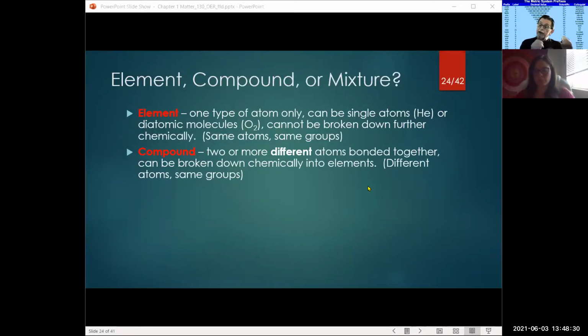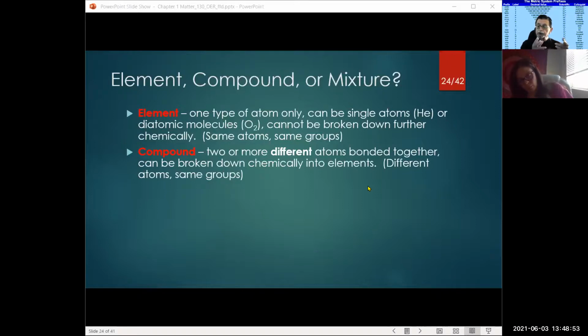With respect to compounds, that is when two or more different elements, or atoms, are bonded together, okay? And they can be broken down to the elements. The case example we just did was NH3, ammonia.